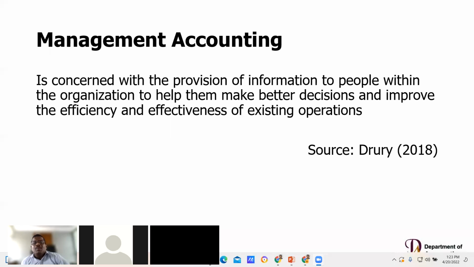We don't define what type of information, whether financial, non-financial, forecasted, quantitative, qualitative. Whatever the provision of information comes under management accounting, but the ultimate objective is that the information should have the capacity to improve efficiency and effectiveness of operations.